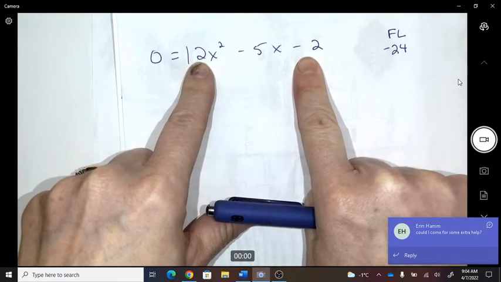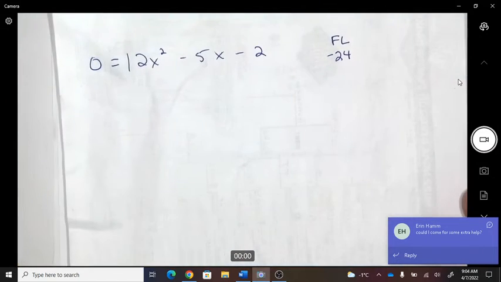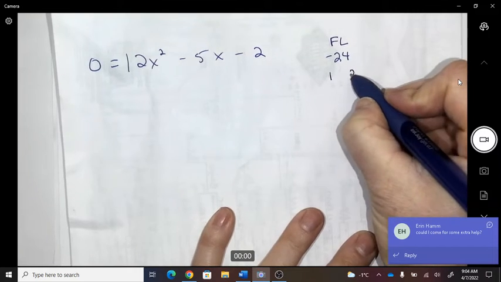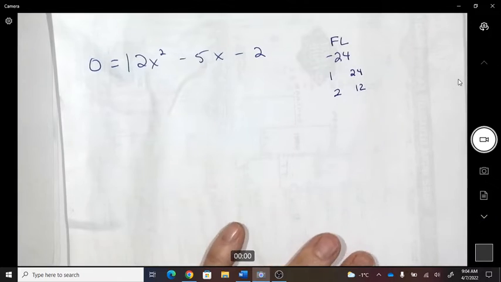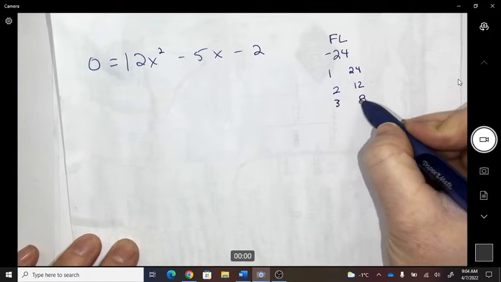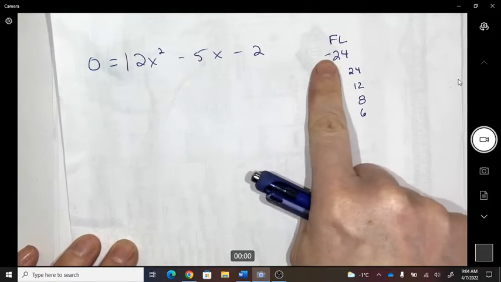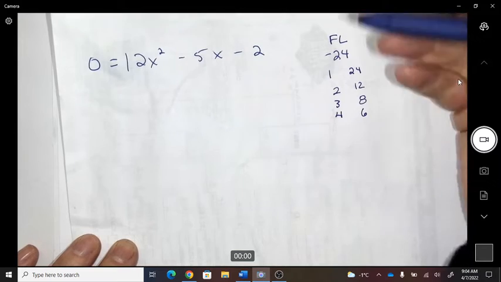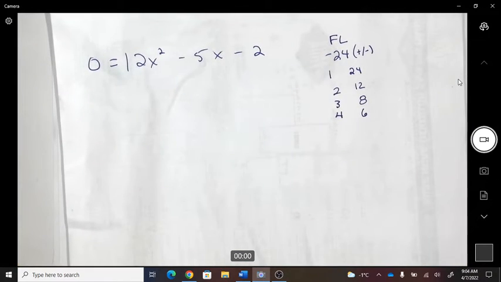Do you see where I'm getting it from? Okay, so now on the side here, I'm going to say, what are the ways I can get 24? 1 times 24, 2 times 12, what else? 3, yep, 3 times 8, 4 times 6. Okay, when I see this negative, I know that I'm going to have something positive and something negative, right?